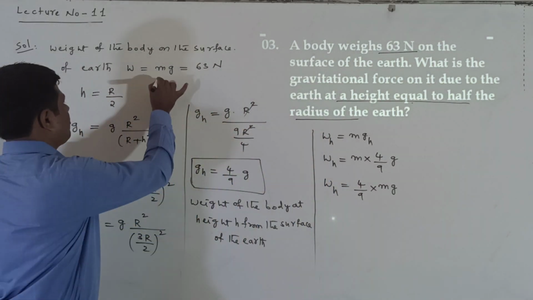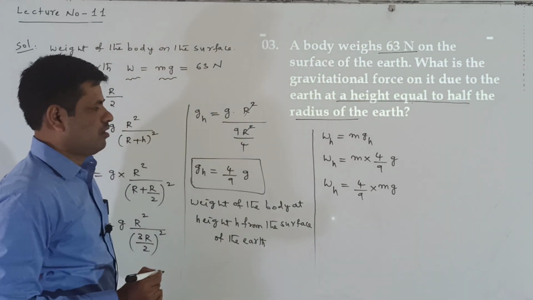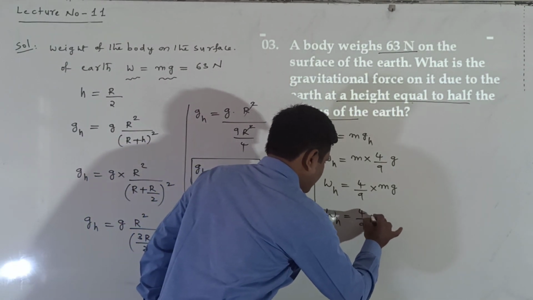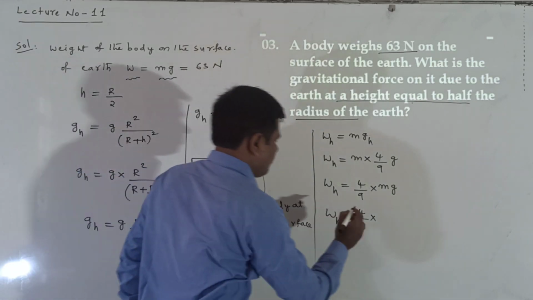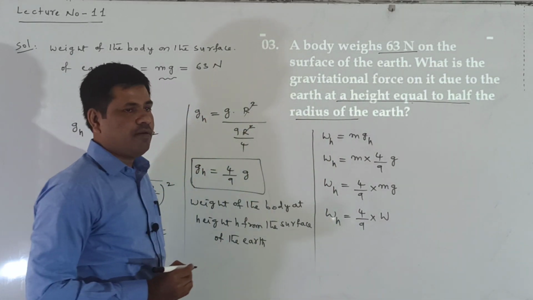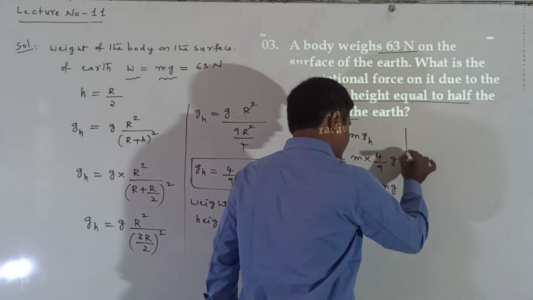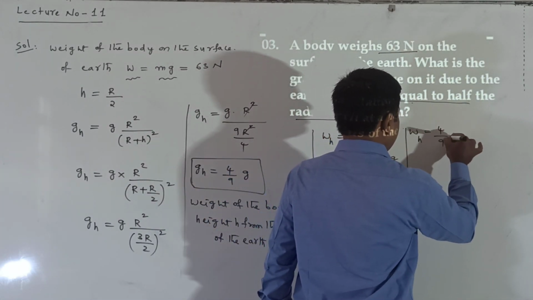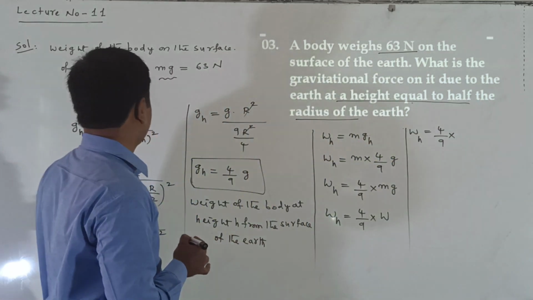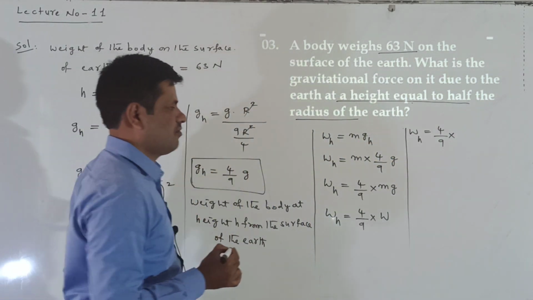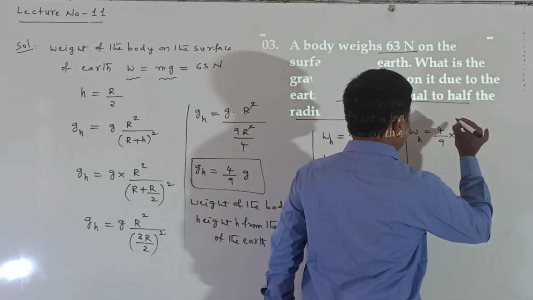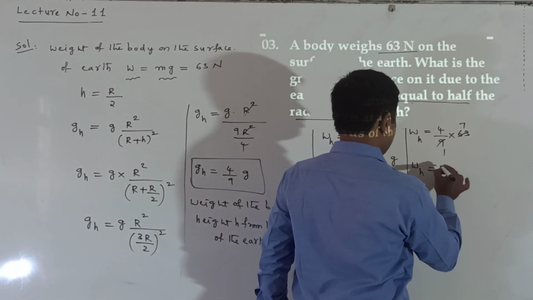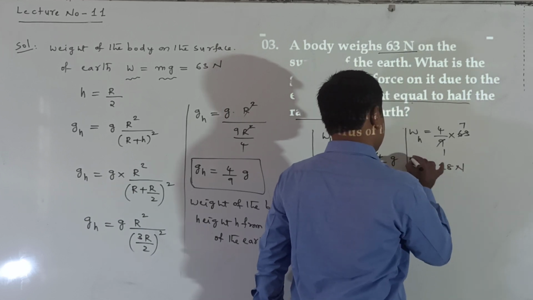But mg is equal to W. So W dash H is equal to 4 by 9 into W. We already know W is equal to 63 newtons. 9 sevens are 63, so WH is equal to 28 newtons.